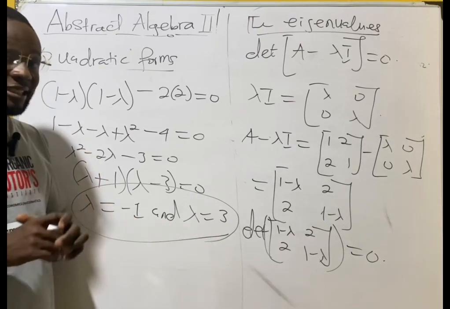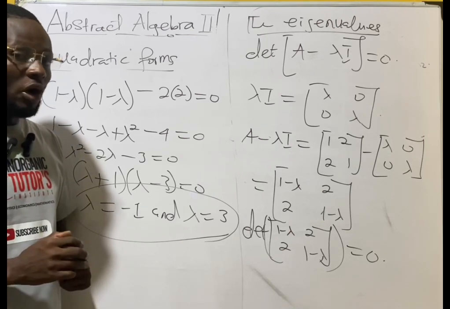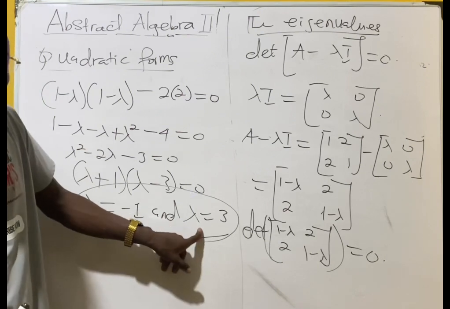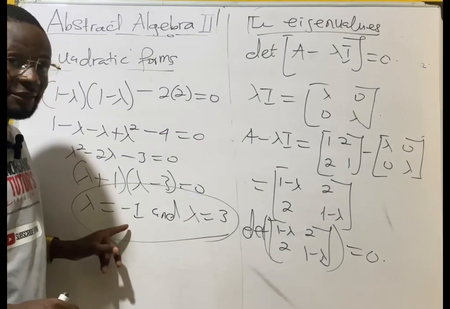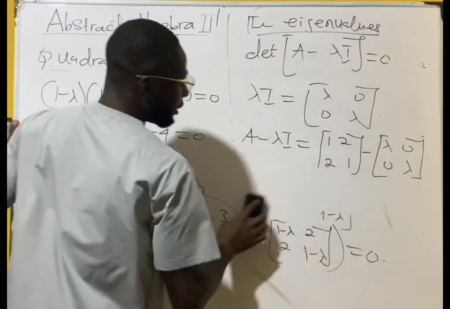So this clearly tells us that our maximum value is at lambda equals 3 and our minimum value is at lambda equals -1, as I already said from the previous.